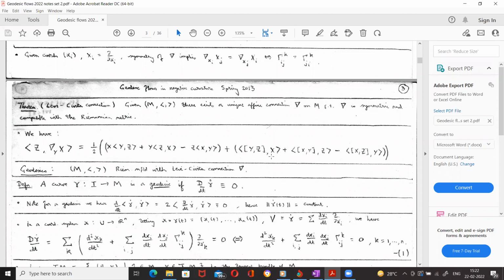And we saw that these were curves whose acceleration is perpendicular to the manifold, right? For example, on the unit sphere S2, such curves were given by great circles. For great circles, the acceleration was proportional to the radial vector, and the radial vector is normal to the sphere. So these were examples of what we are going to call geodesics.